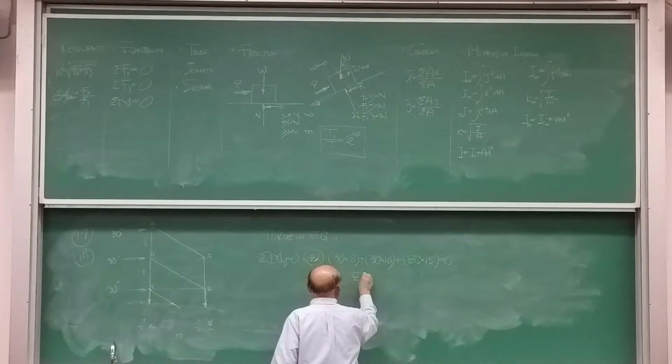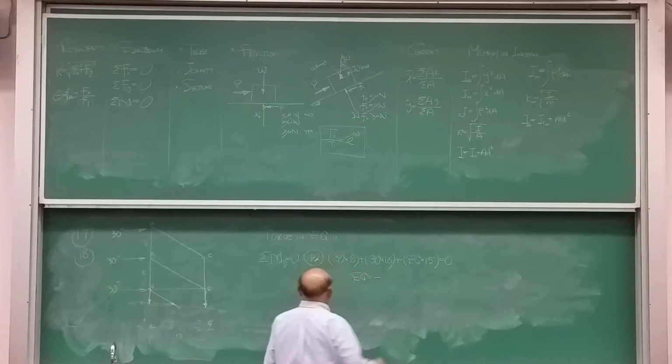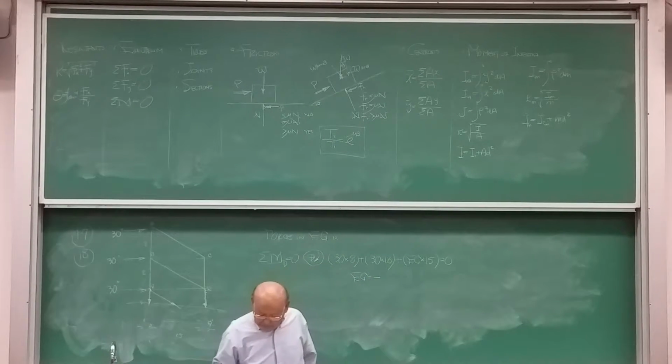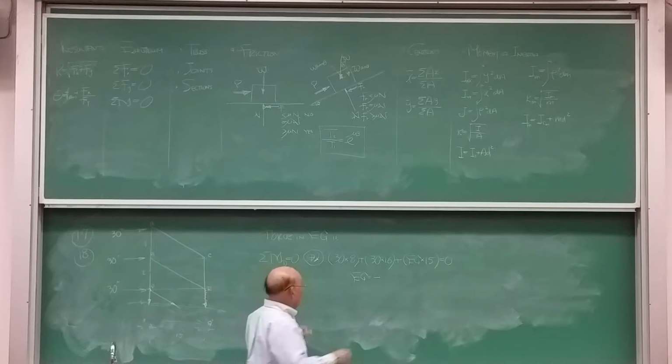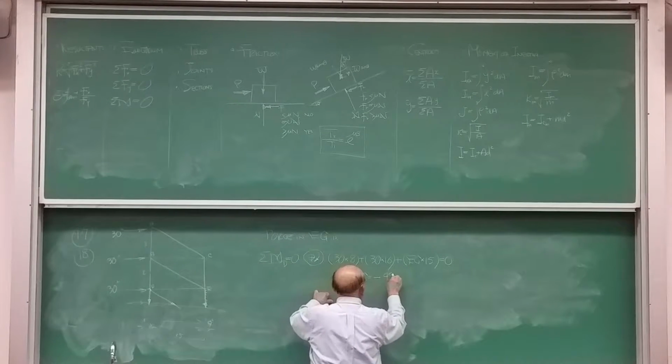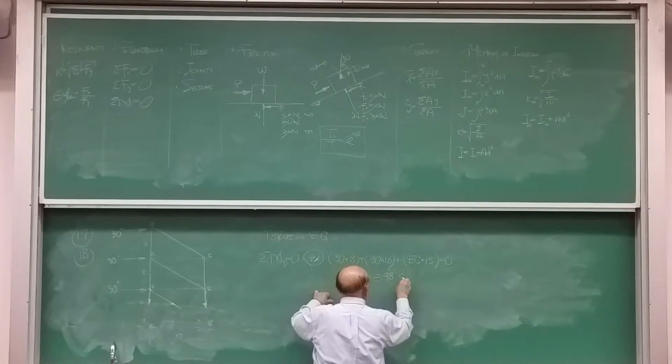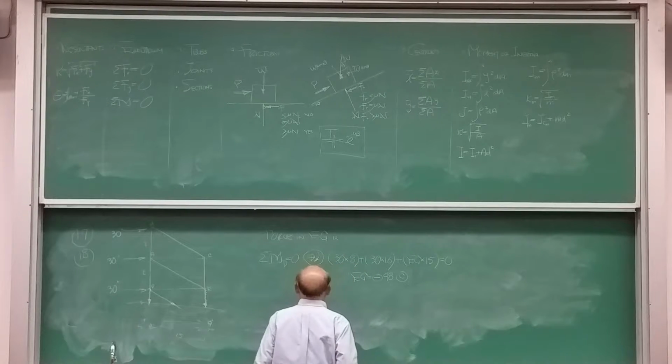So EG is negative 48. And negative shows that this is a compression member.